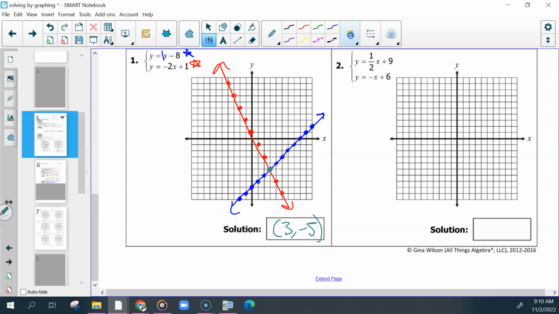As long as you graph these correctly, the solution should be easy to find. Do you have any questions about that?